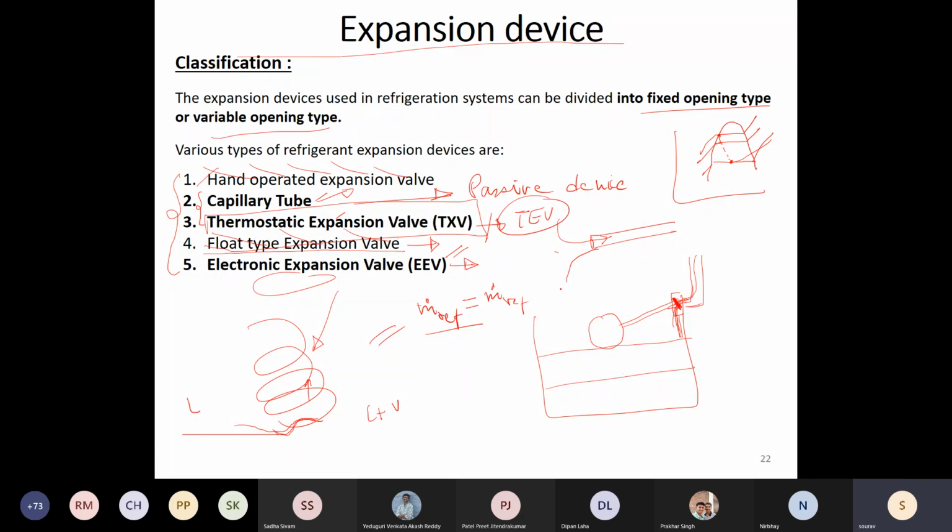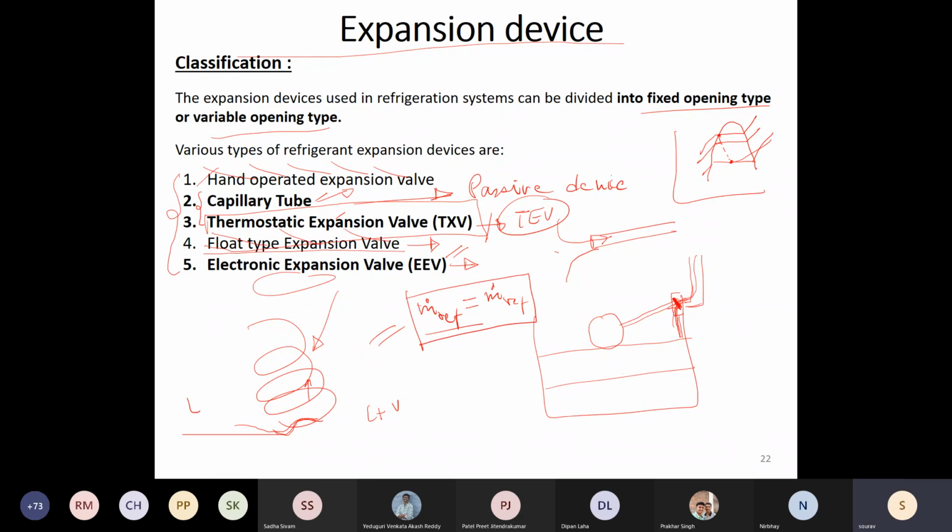Because sizing for one particular condition is not enough. Your system will operate across a range or variety of operating conditions, and for that your expansion device should provide the appropriate mass flow rate, whatever is demanded by the system.